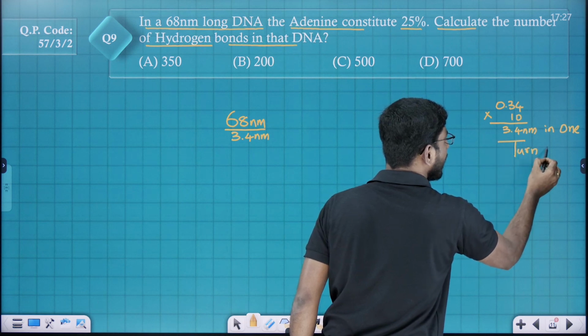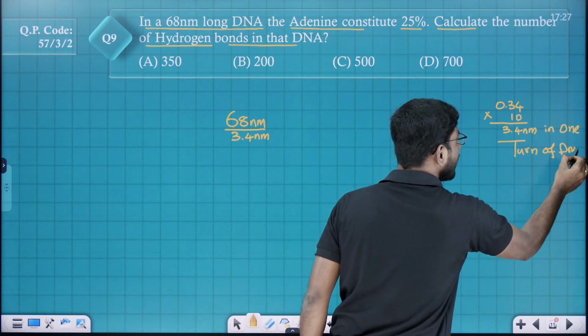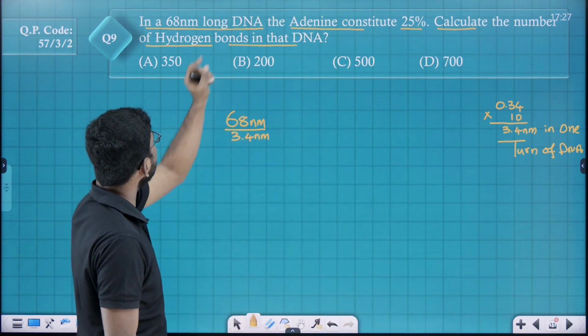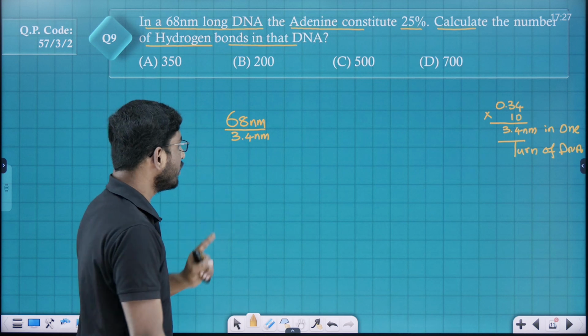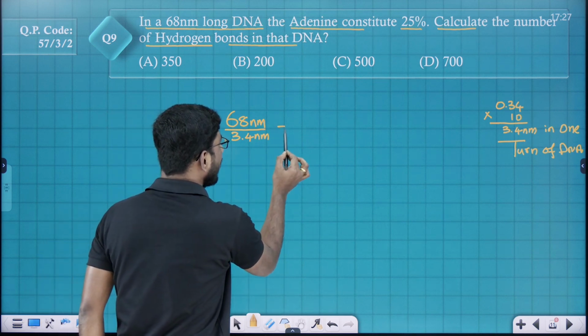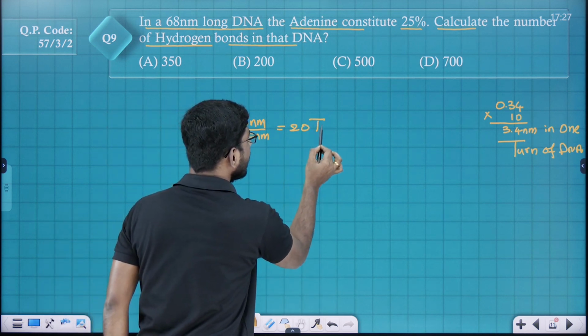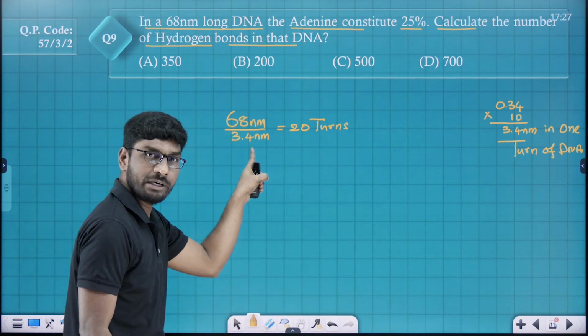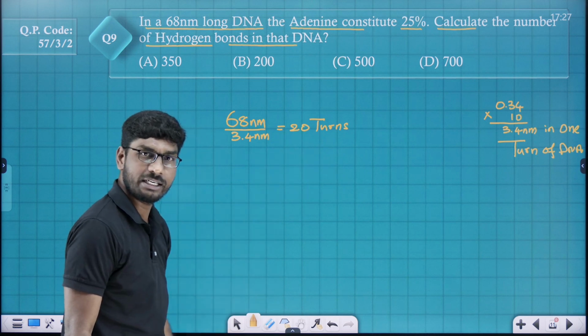What is the length of one turn of DNA? 3.4 nanometer. How many nanometers are given? 68 nanometer. If I calculate, 68 nanometer divided by 3.4 nanometer, it is 20 turns.